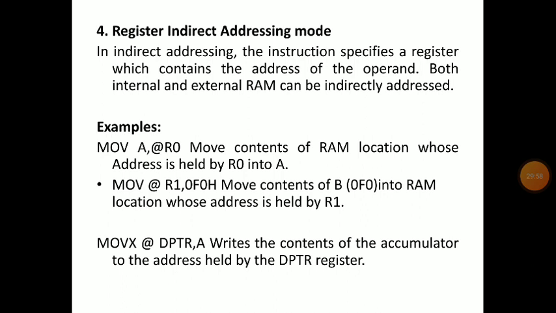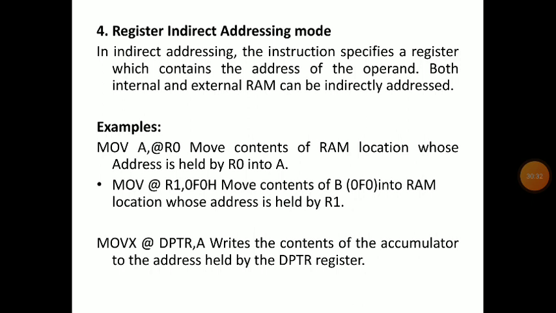In that we have the B register's address as F0, and we need to mention that the initial letter should be a digit, not an alphabet letter. That's why we have written 0F0.